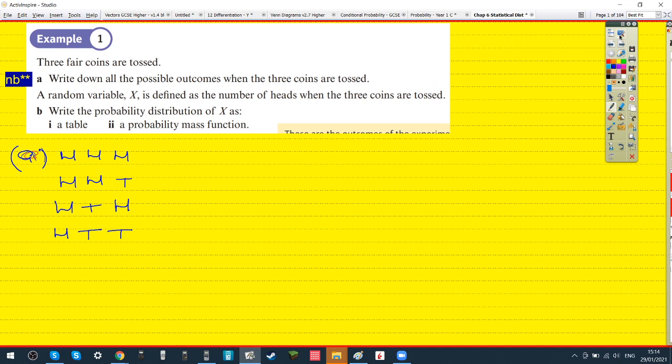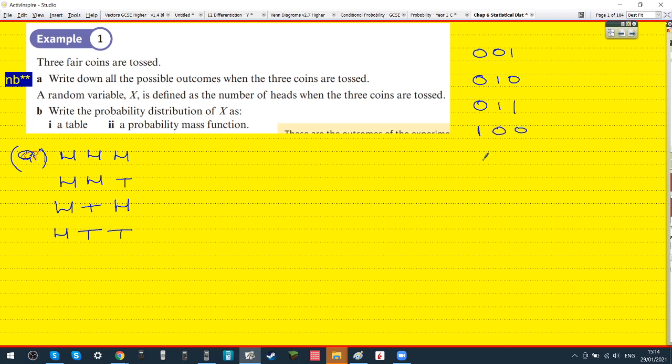It's like you want to be a computer nerd. You'll have to do binary. And so that's 1, 2, 3, 4, 5, 6, 7. That's the way you'd go about it.